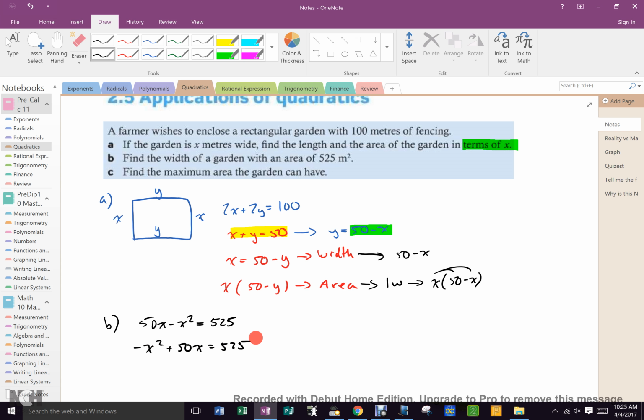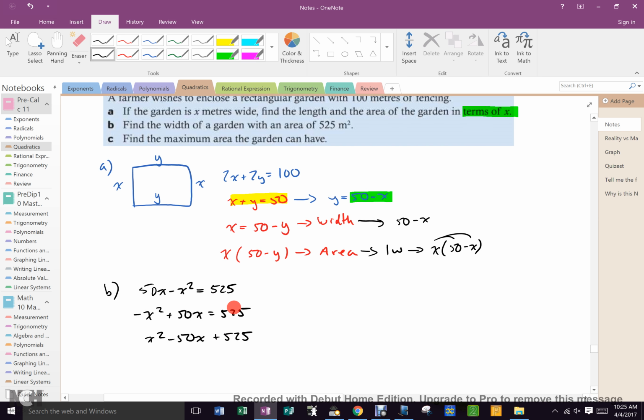I can make x squared positive, can't I? So what would that look like? X squared minus 50x plus 525. Why does Lucas say that? Because when I moved it over, it becomes negative. Then I switch it to positive. Is everyone happy with that?